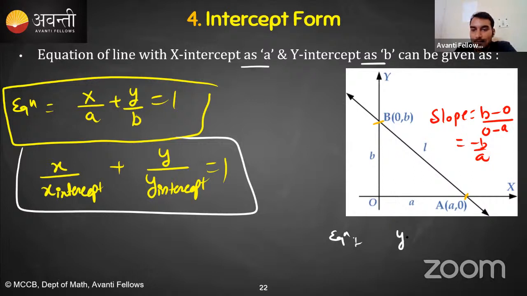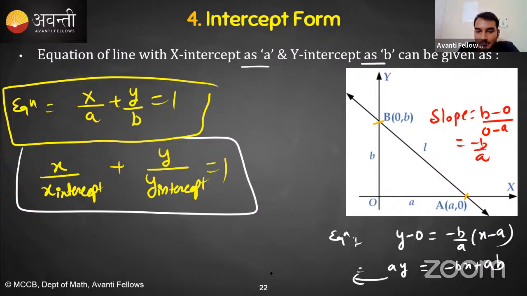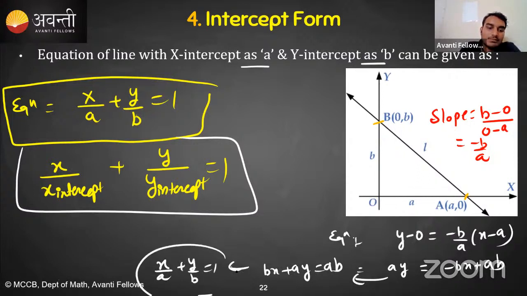So let's say y minus 0 is equal to slope times x minus a. Clear? Cross multiply, so a y is equal to minus b x plus a b. So b x plus a y is equal to a b. Divide by ab on both sides, so you will get x by a plus y by b is equal to 1. Simple.